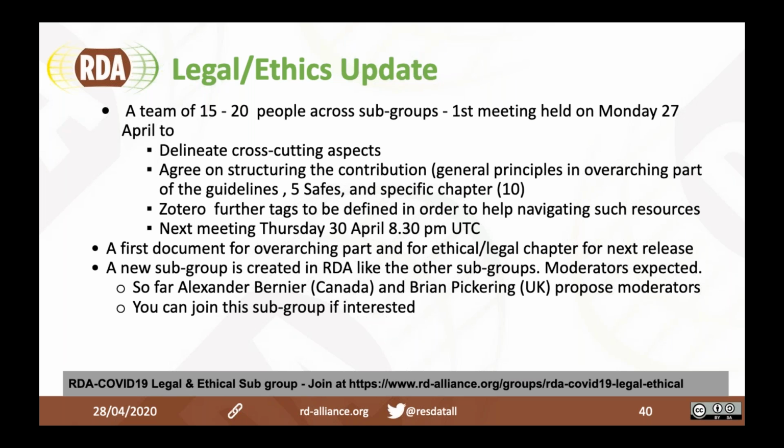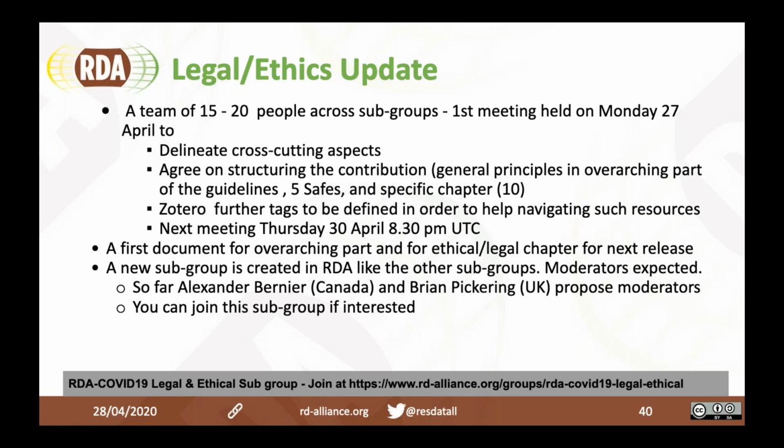The aim of this meeting was to delineate cross-cutting aspects, which have been widely discussed, and to agree on structuring a contribution in two sets: a general principle in the overarching document of the guidelines, underlining specifically the 5 SAFEs framework, which has been used for the social science subgroup but seems to be adaptable to many of the others.